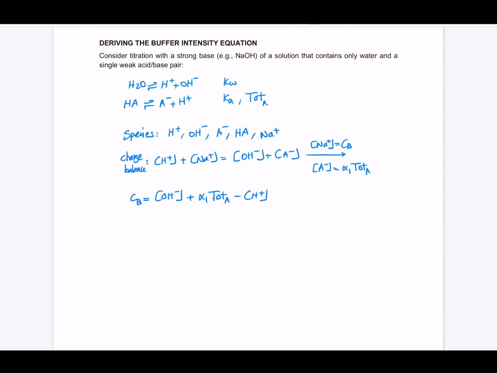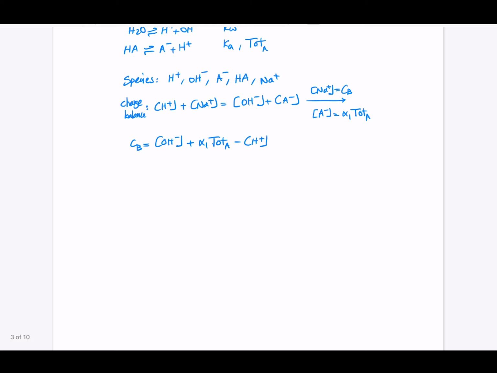So we define beta to be dCB over dPH, or d of OH minus plus alpha 1 total A minus H plus, divided by dPH.